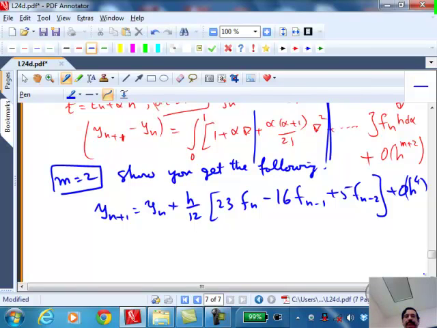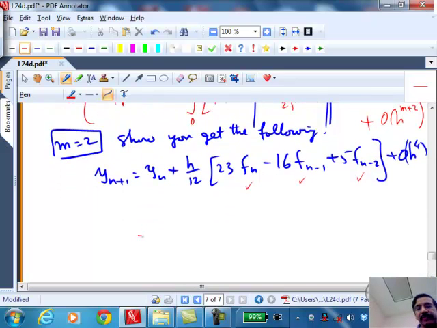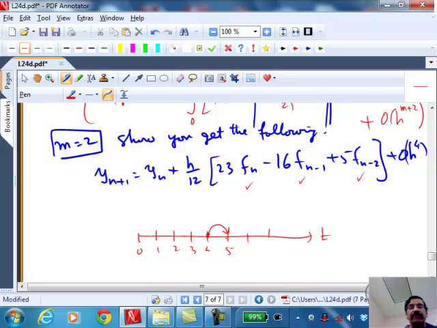How do I use it? Remember, these f's are all known, the function values at n, n minus 1, n minus 2. Because we know the function, if I know y, I can plug it in and calculate what those function values are. So conceptually, on the timeline 0, 1, 2, 3, 4, 5, etc., in order to go from step 4 to step 5, if n equals 4 and you are trying to predict y5, you need y4, but you also need y3 and y2.